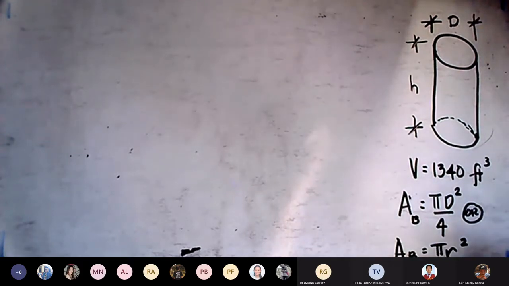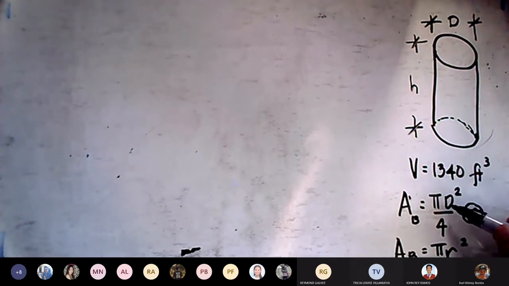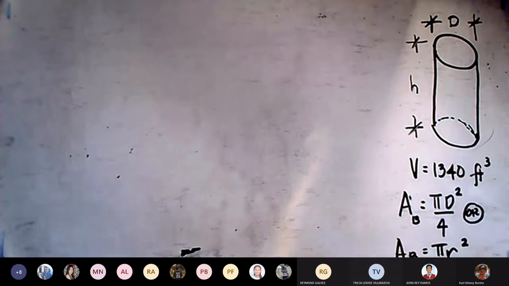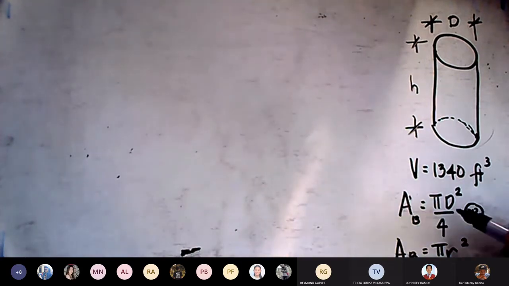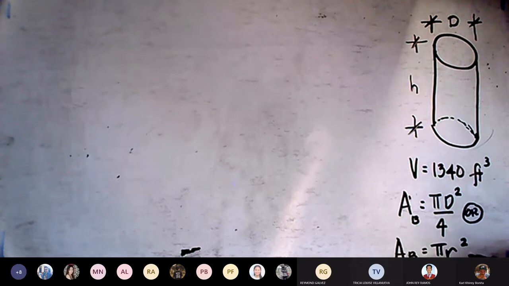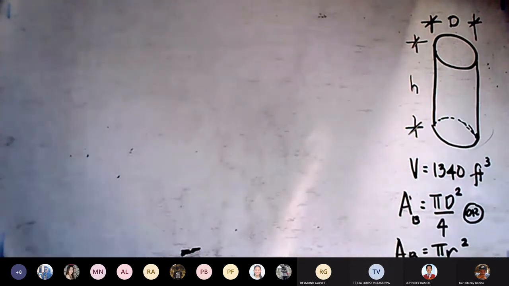So if you are going to determine the area with respect to the diameter, we can use the pi d squared over 4 formula, or the area for the base can be pi r squared. Can you see what I have written down?